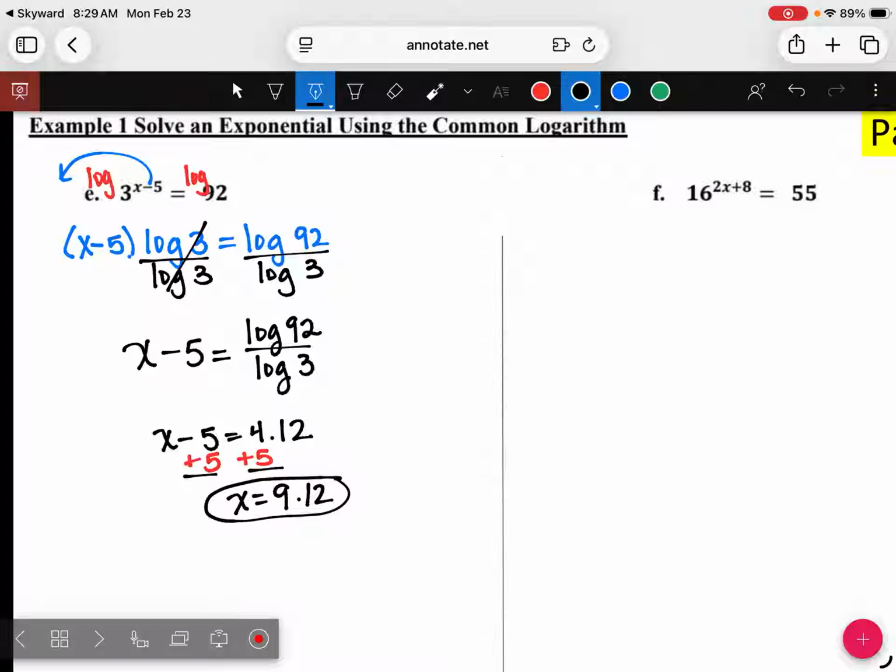First step should be to put in your log. Put your log in on both sides. So that ends up giving you 2x plus 8 times the log of 16 equals the log of 55.